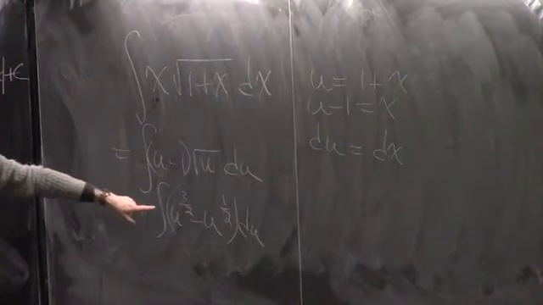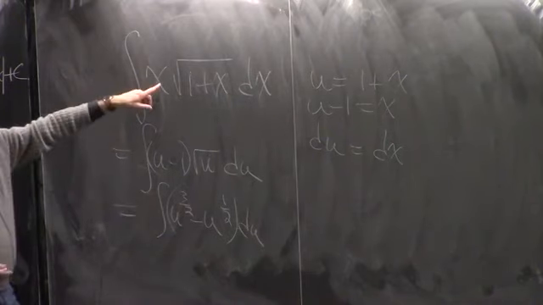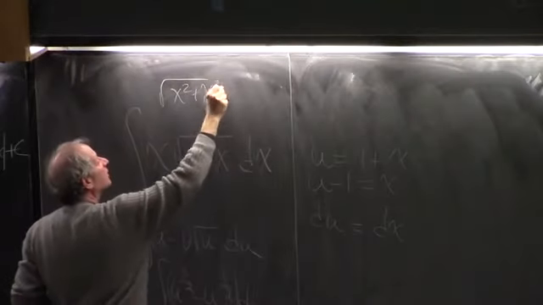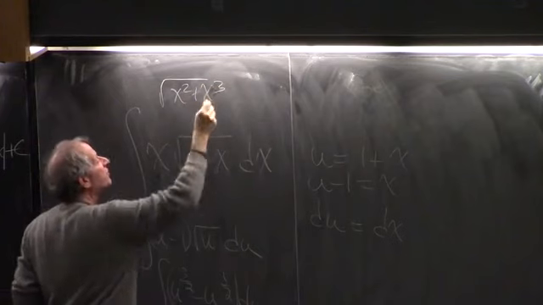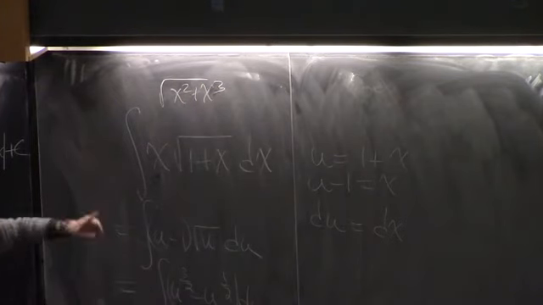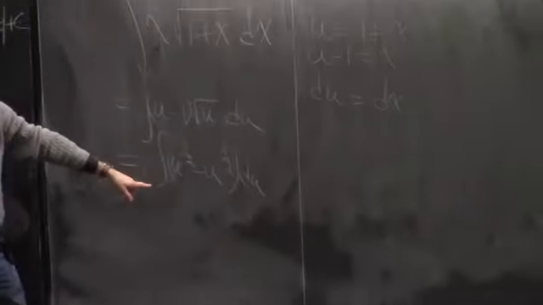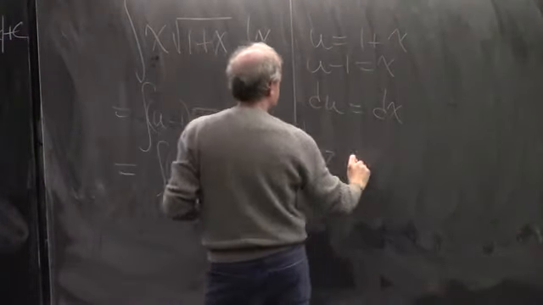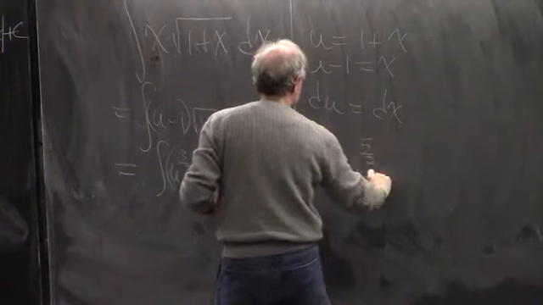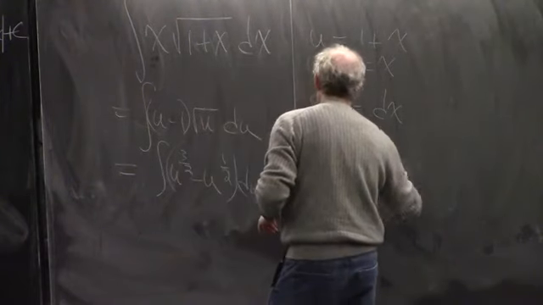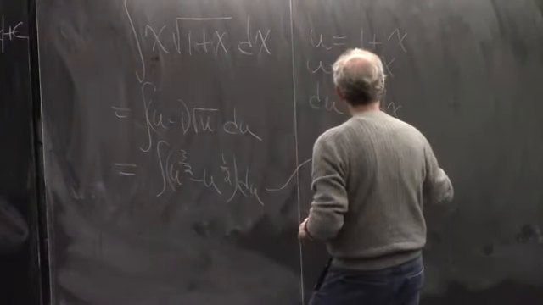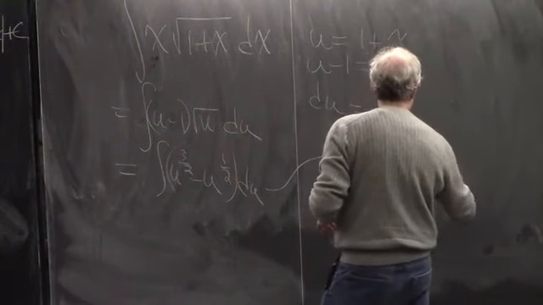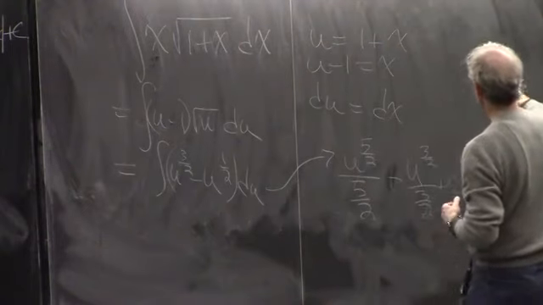Okay, so this you can integrate. See, if you distributed the x at the beginning, you would have had this, and that you can't do anything with. But here you can. This is just u to the 5/2 over 5/2 minus u to the 3/2 over 3/2 plus c, and then substitute back.